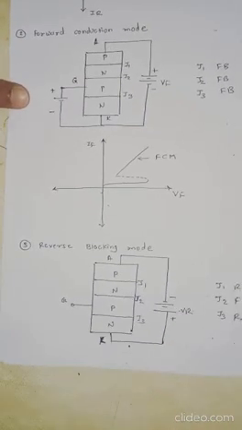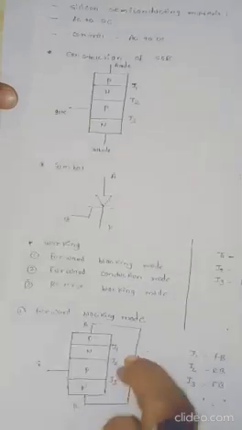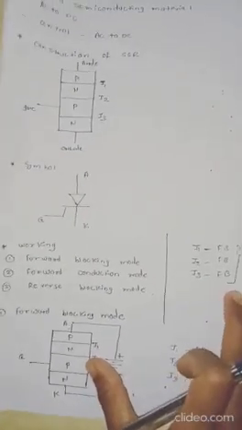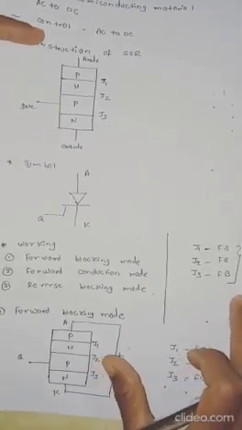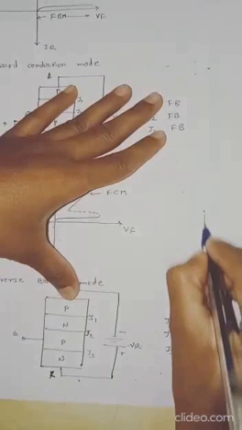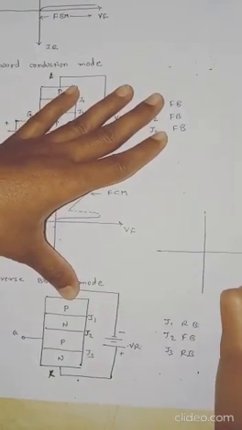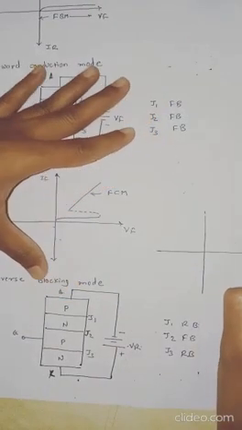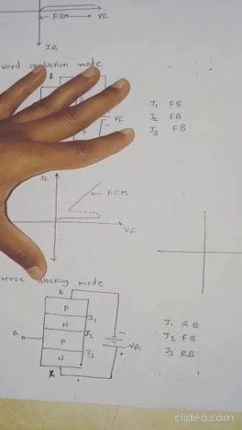So this will not satisfy this condition. All the junctions should be in forward bias. Under this condition, as we keep on increasing the reverse voltage, there will be a small amount of current flowing through the SCR.